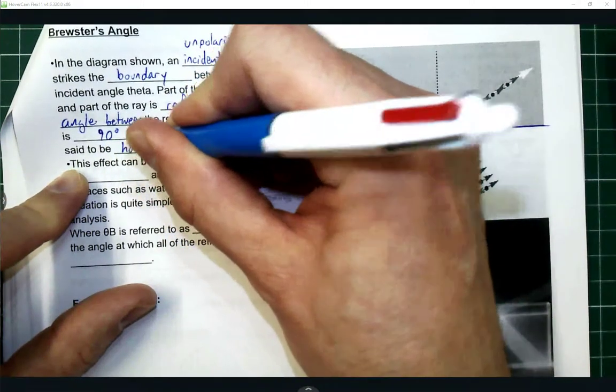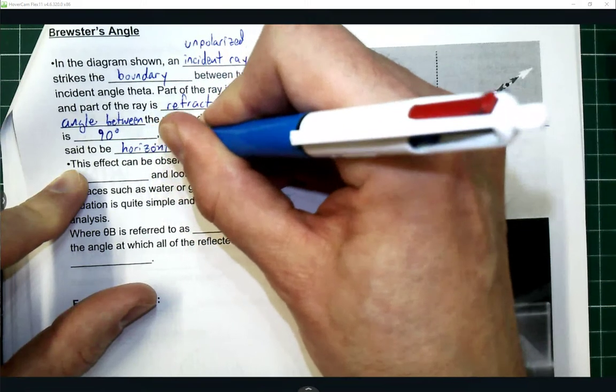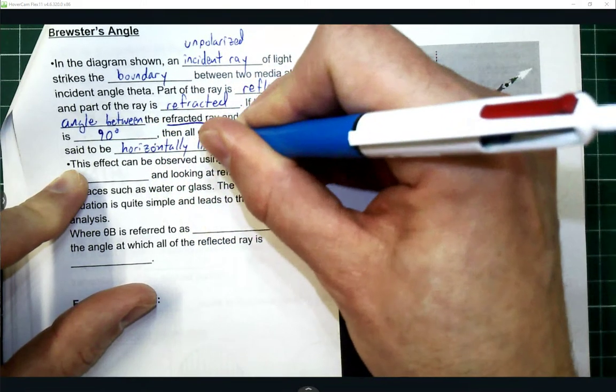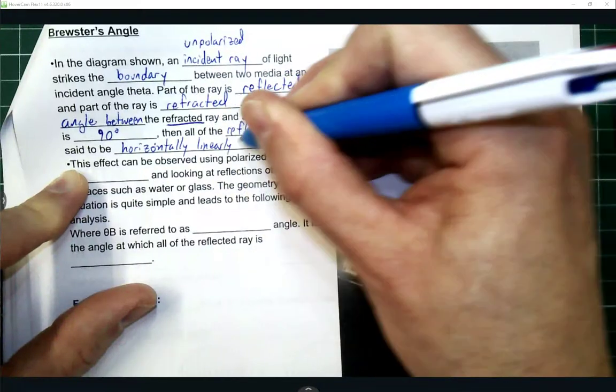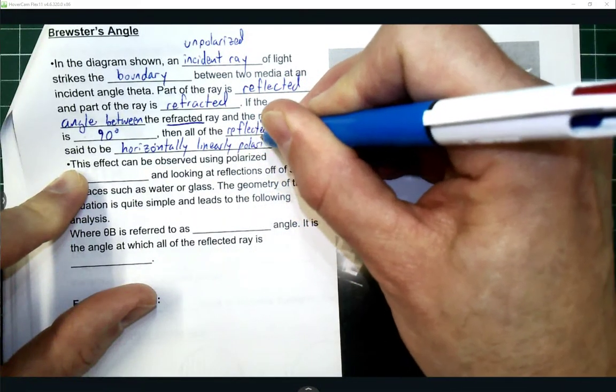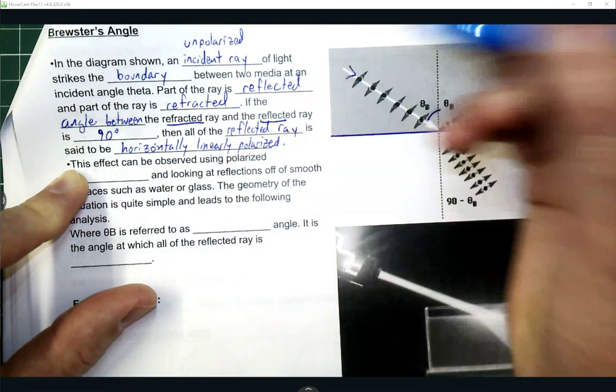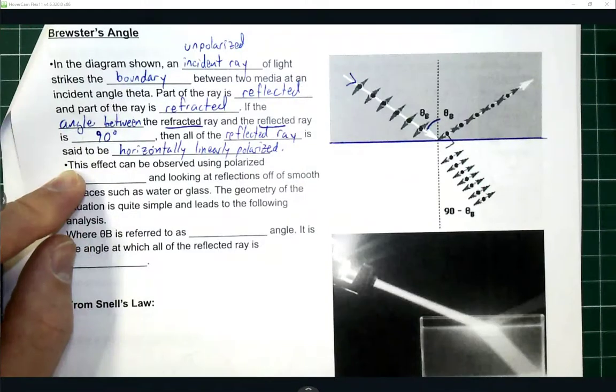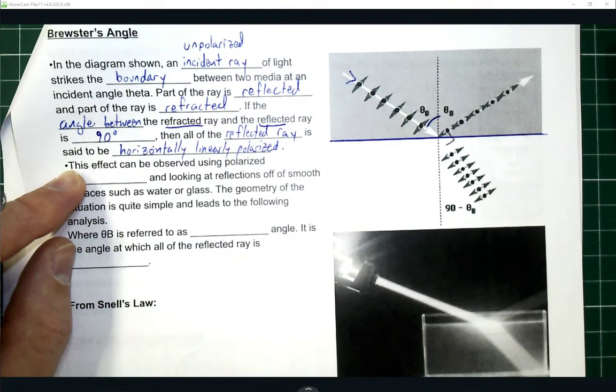That's a mouthful. So really what we're unpacking here is the special condition that allows horizontal polarization to happen upon reflection.